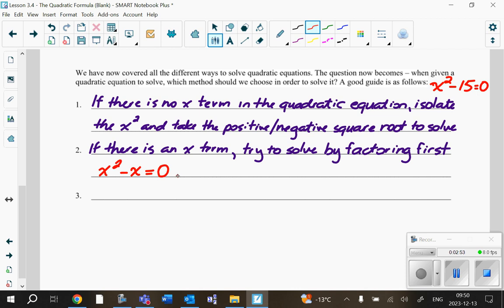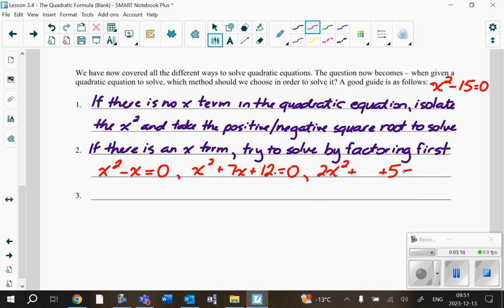That's one where we would do the GCF. Here's one where we would do x squared trinomial. Here's one where we would do ax squared trinomial.